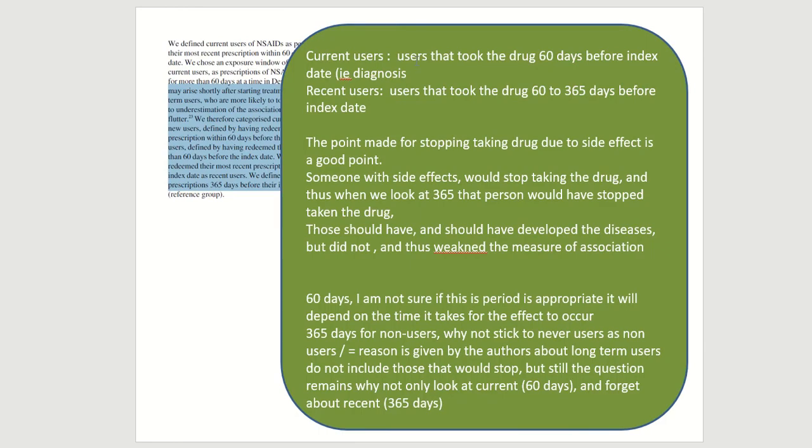So we have current users, who took the drug within 60 days before the index date. Recent users, these took the drug 60 to 365 days before the index date.